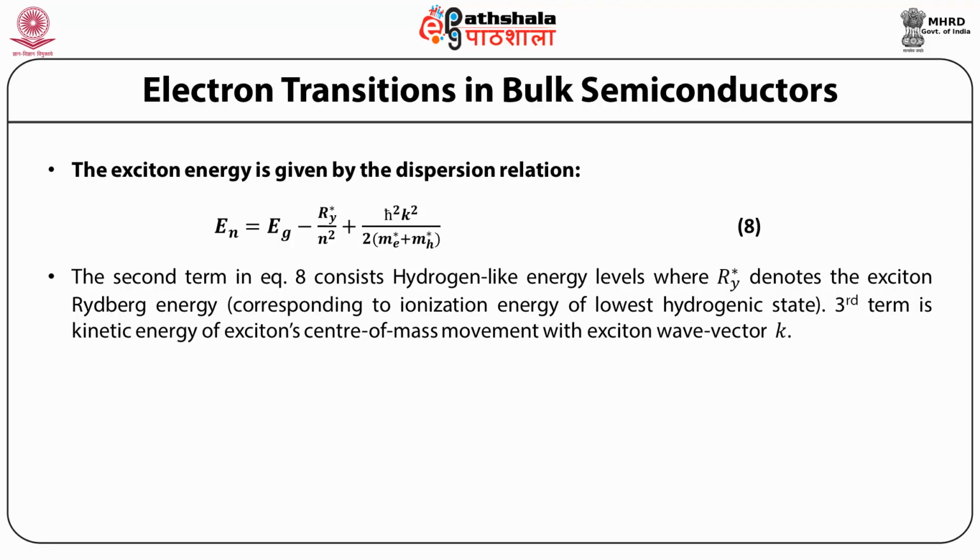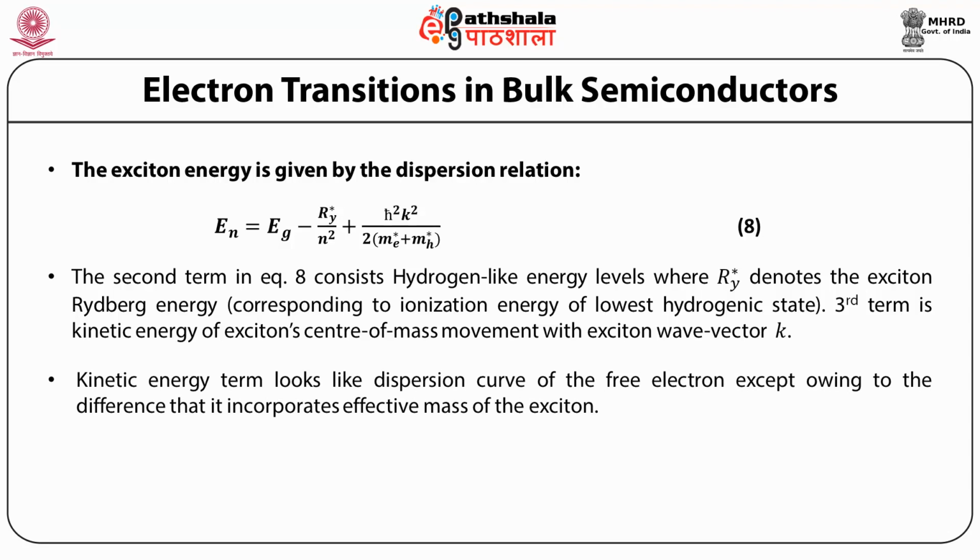The third term is the kinetic energy of the exciton's center of mass movement with exciton wave vector k. This kinetic energy term looks like the dispersion curve of the free electron, except that it incorporates the effective mass of the exciton.